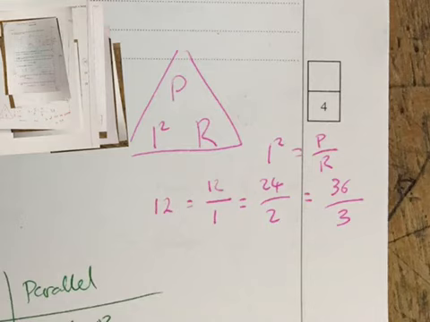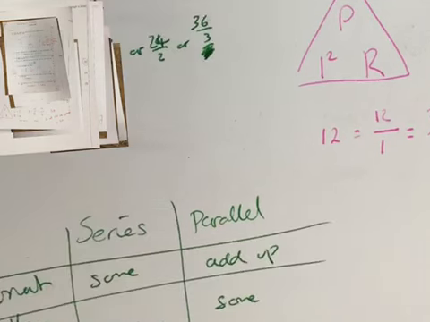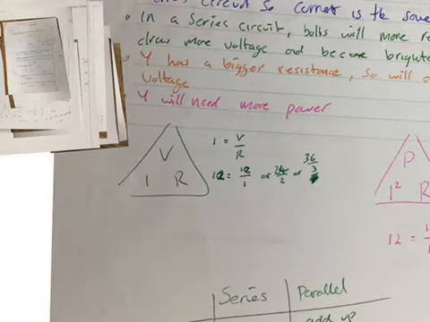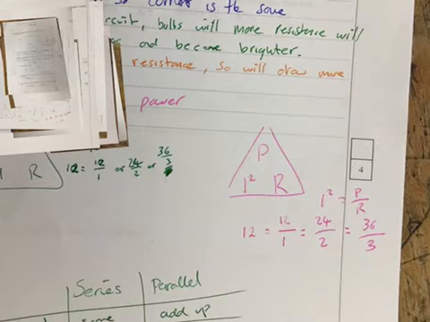So what does that mean? It just means that as you increase that, more resistance is going to take more power. Okay, and we've demonstrated that more voltage is going to take more resistance, and more resistance is going to take more power.